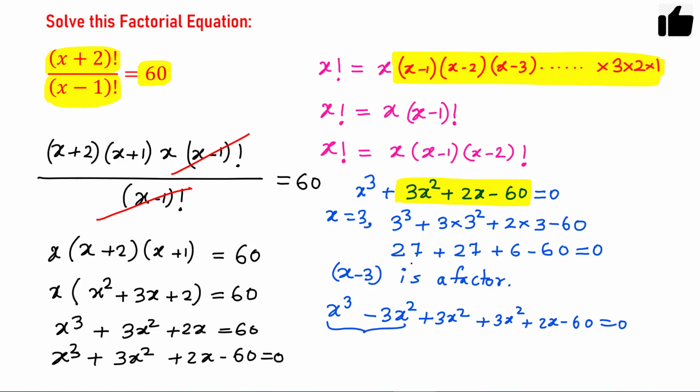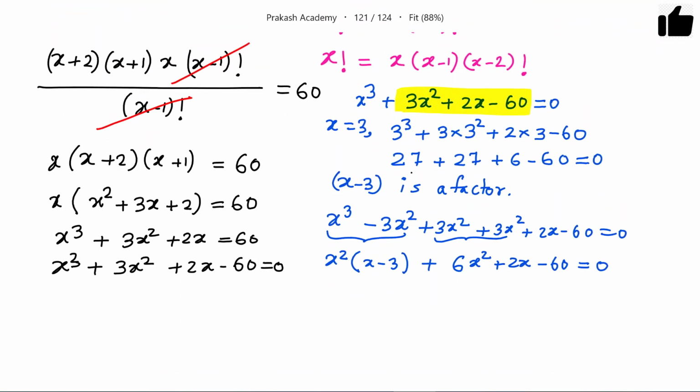Now let us take x square common. So we will have x square, this is x minus 3, and then you will have 6x square plus 2x minus 60 equals 0. This is 6x square, because 3x square plus 3x square is 6x square.